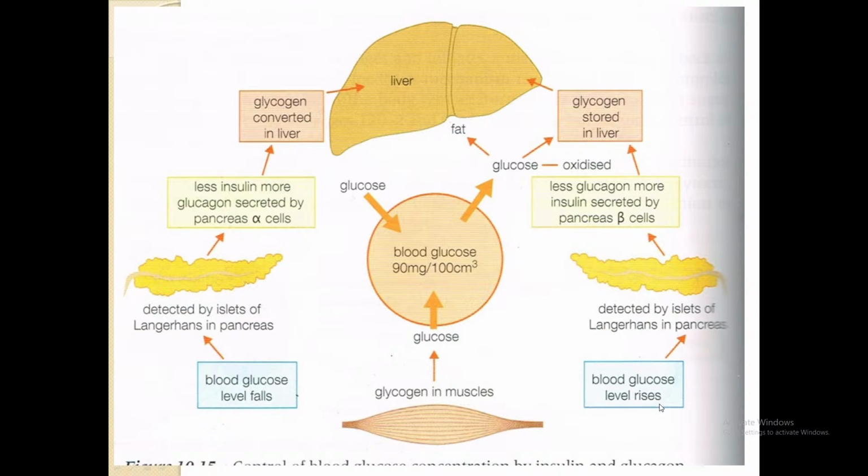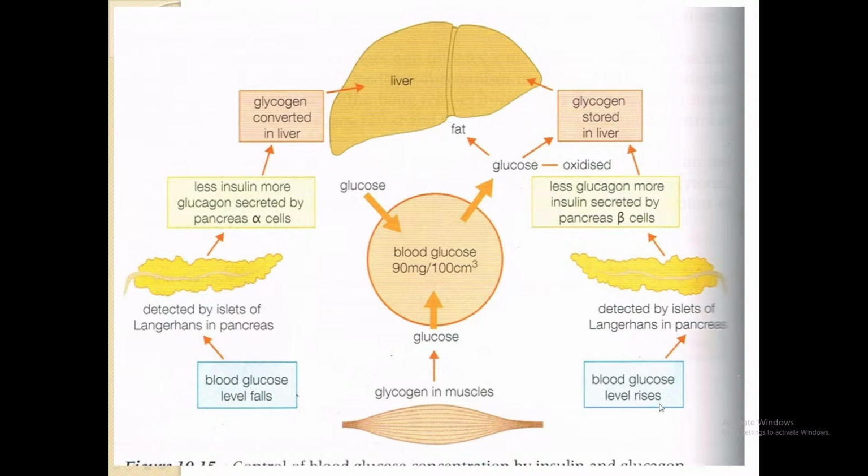Once you have consumed that meal, there's a part of the pancreas known as the islets of Langerhans that will detect and realize that there is too much sugar circulating in your blood. So it now instructs the beta cells, or B cells, which are also located in the pancreas, telling them to produce more insulin.